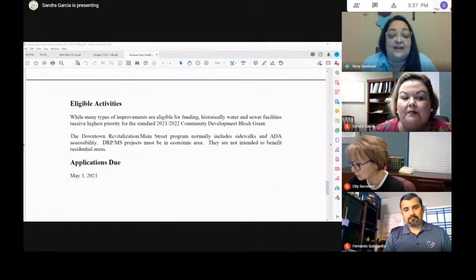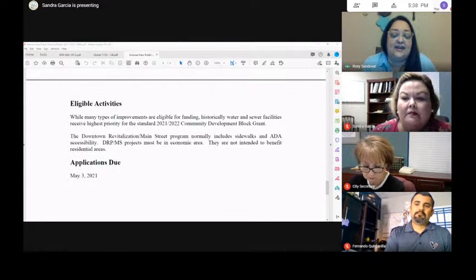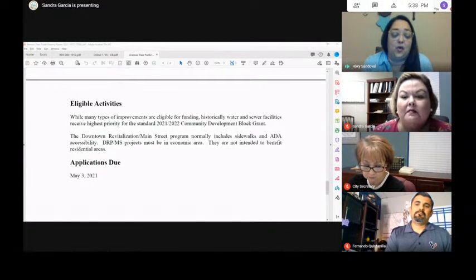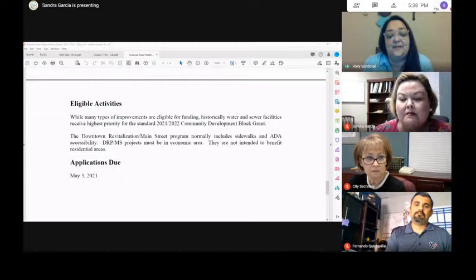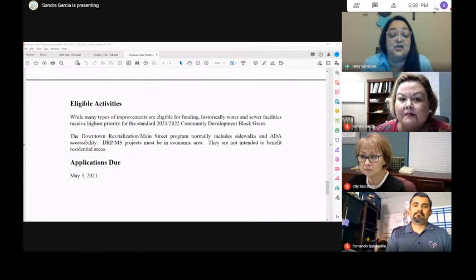On downtown revitalization, as I mentioned before, this includes mainly sidewalks, ADA accessibility, and this can all include curb and gutter, some streets, and ancillary work having to do with streets. Of course, the main thing with DRP is they have to be in that designated economic area. And this is by no means meant to benefit any residential areas, so it has to be in that designated area. Applications this year are due May 3rd, 2021.